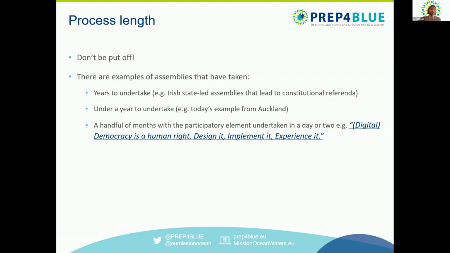So I think there's no reason not to engage with deliberative democracy within Mission Ocean, and no reason to fear those elements in Mission Ocean funding calls, because they can be done, and they can be done within a project mold.